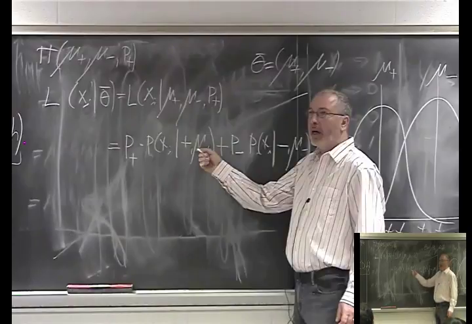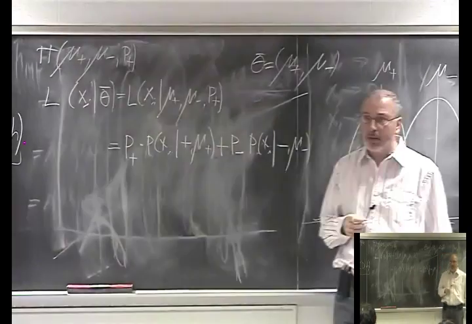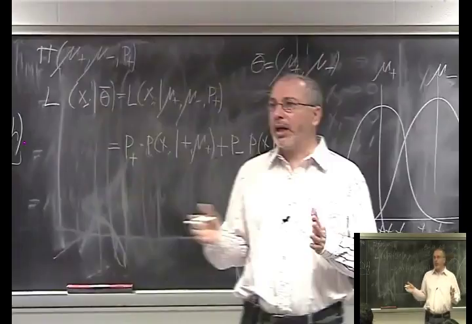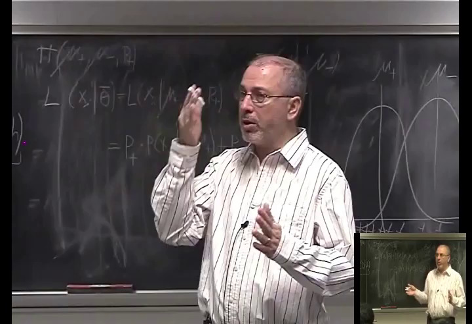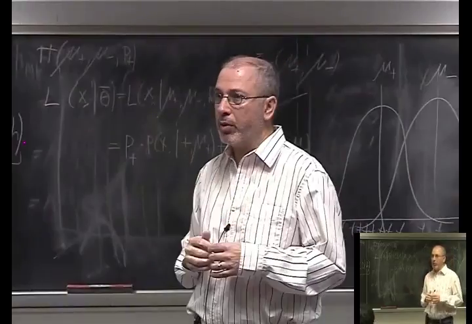I only wrote mu plus in the first term because mu minus is not relevant there anymore, and the same here. So I'm able to write down the likelihood function, which always depends on the data given the relevant parameters.